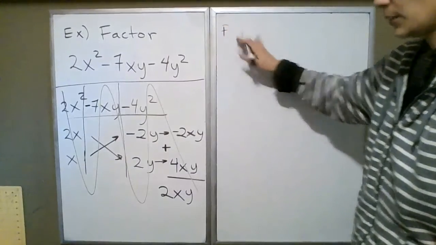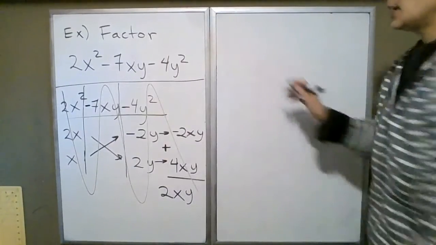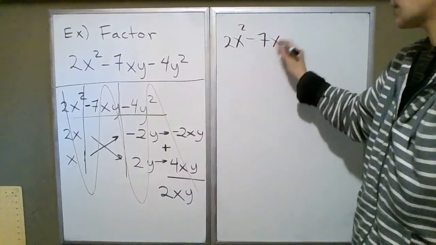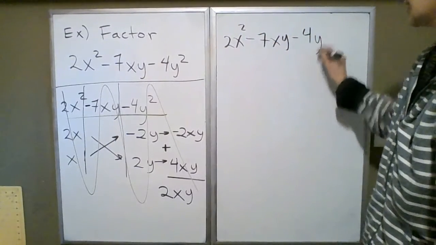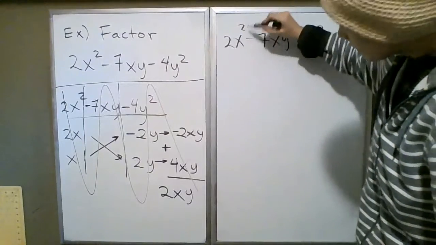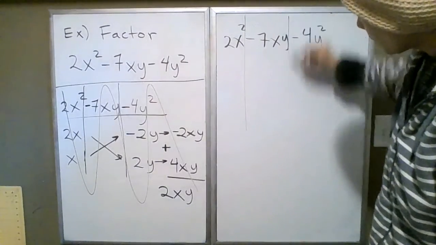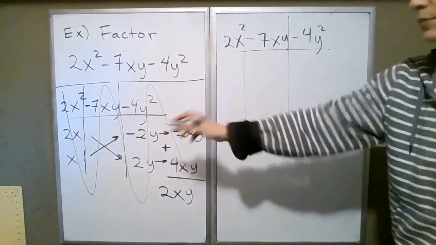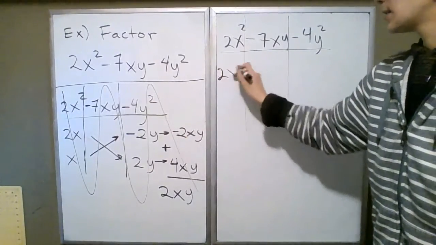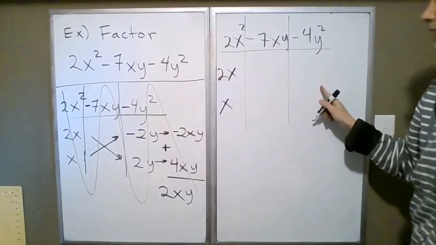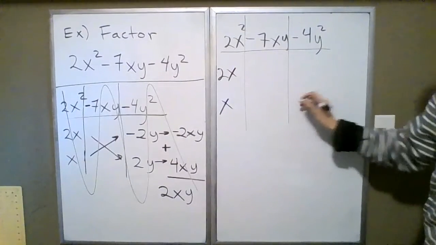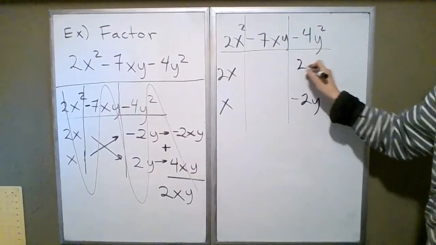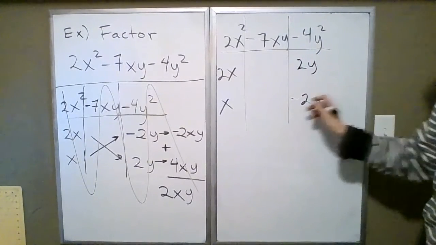We're doing the same thing, but we just need to redo our grid. It's the 2x squared minus 7xy. I'm going to keep that guess the same, 2x times x. And on this side, I'm just going to try the negative sign down here. And let's see if that works.